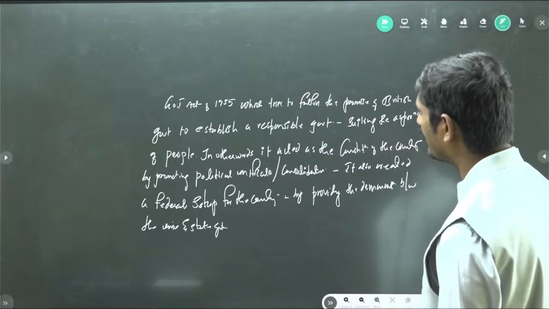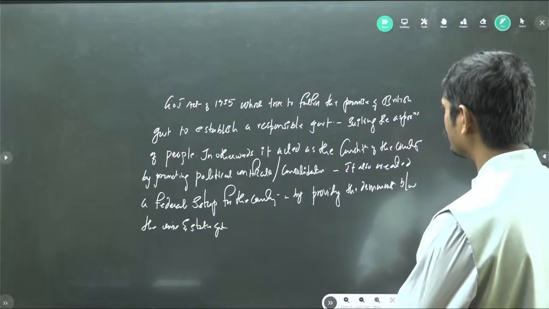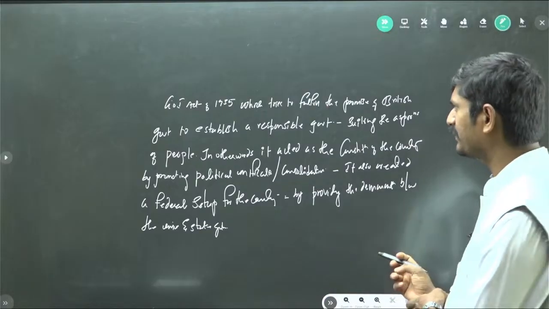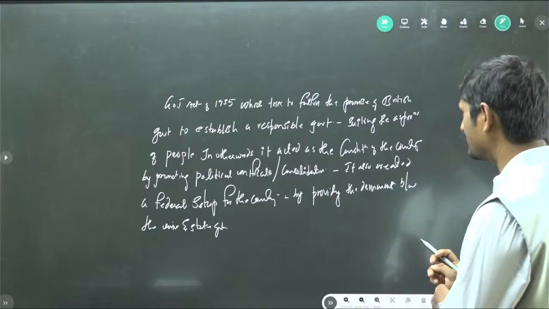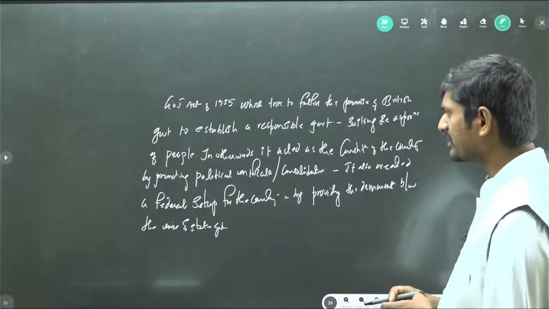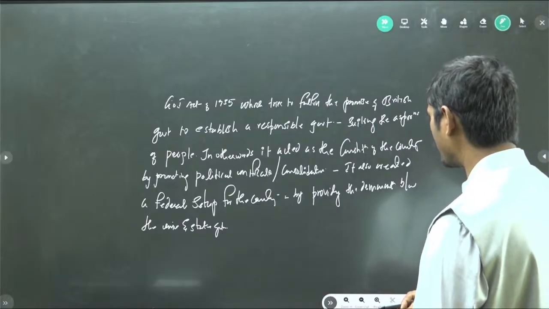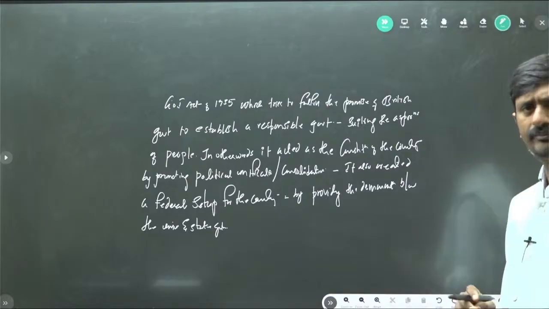Right? You look at how we have written the introduction. Government of India Act of 1935, which tries to fulfill the promise of the British government to establish responsible government suiting the aspirations of people. In other words, it acted as a constitution of the country by promoting political unification and consolidation. It also created a federal setup for this country by providing the demarcation between Union and States. You can cut short this introduction also, right?